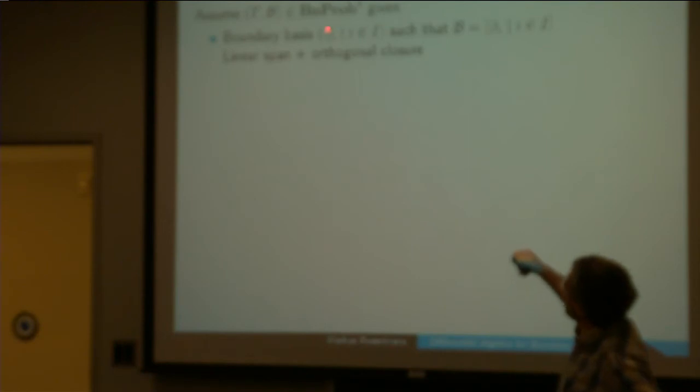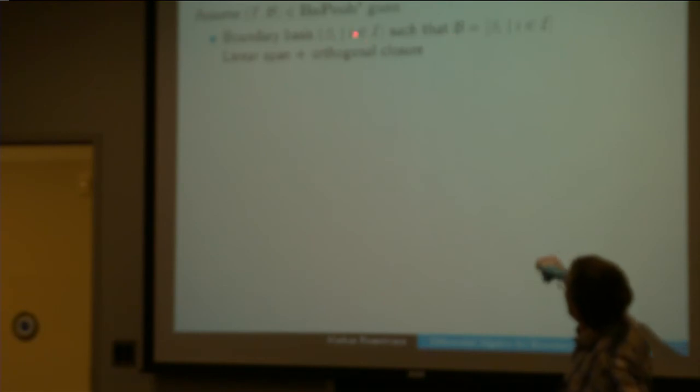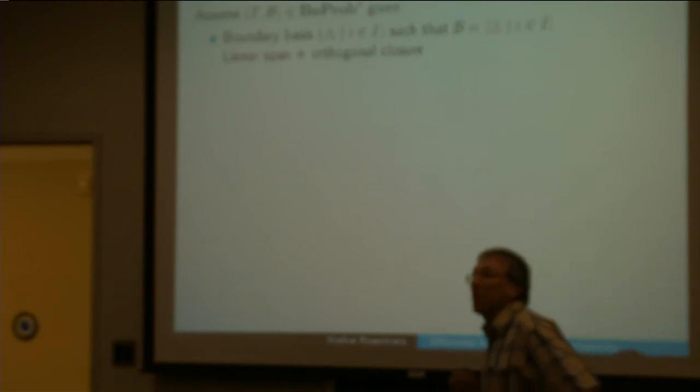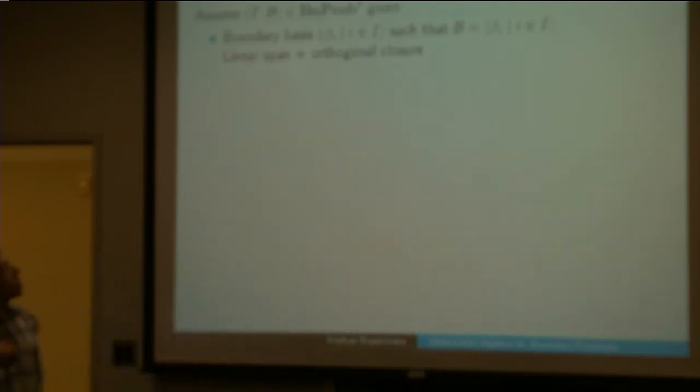So different beta i's will describe the same kind of boundary problem. And I call this a boundary basis. So the given boundary space is not only the linear span, but the orthogonal closure of the linear span of the beta i. So in the PDE case, it's a non-trivial extra step to take the orthogonal closure. So that's what I call a boundary basis.